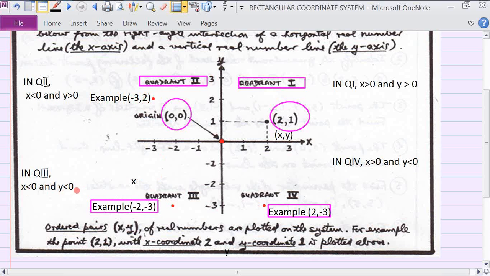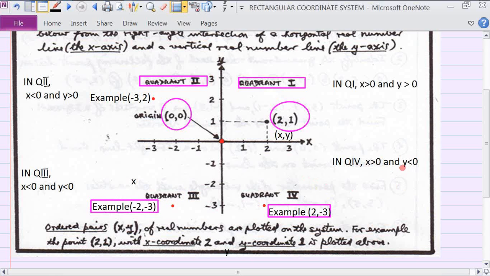If both the x and the y are negative, it's Q3. In Q1, both the x and y are positive. In Q3, both the x and the y are negative. If you look over here, we said that the point (-2, -3) is here, which is quadrant III.